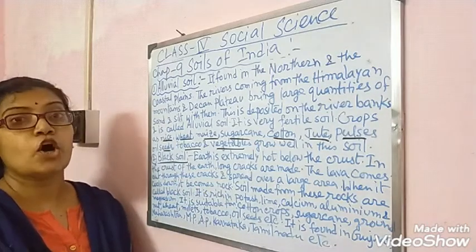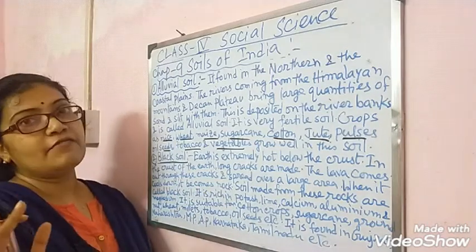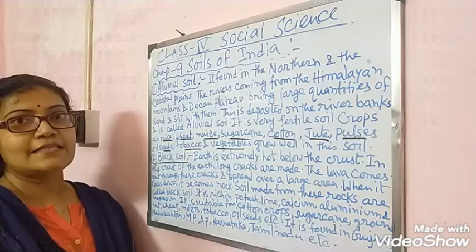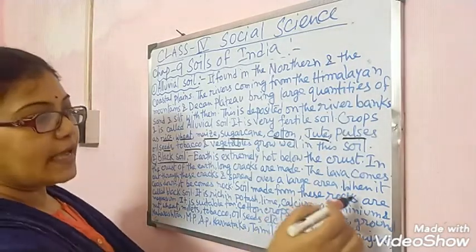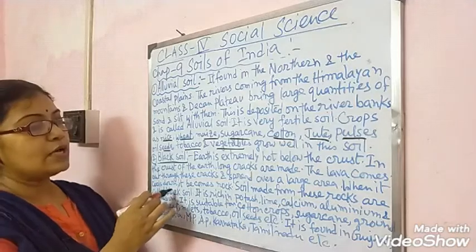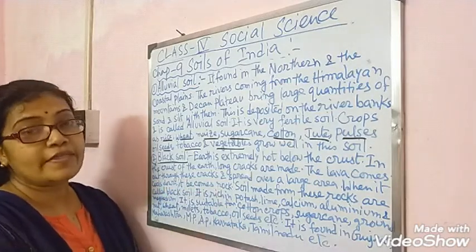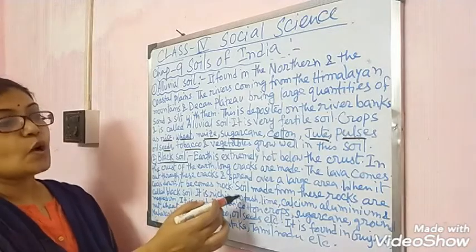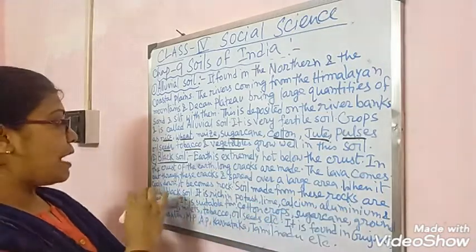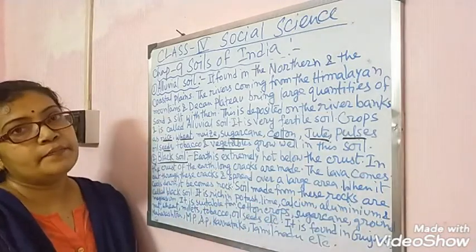It is very hot. Then when the lava cools down, it becomes rock. Soil made from these rocks is called black soil.